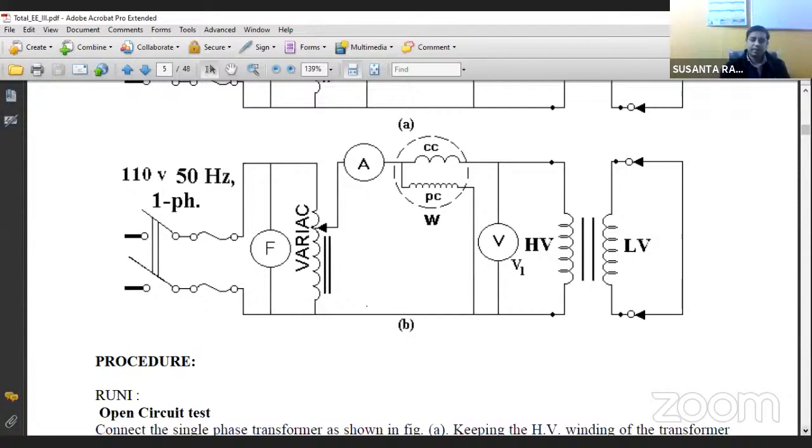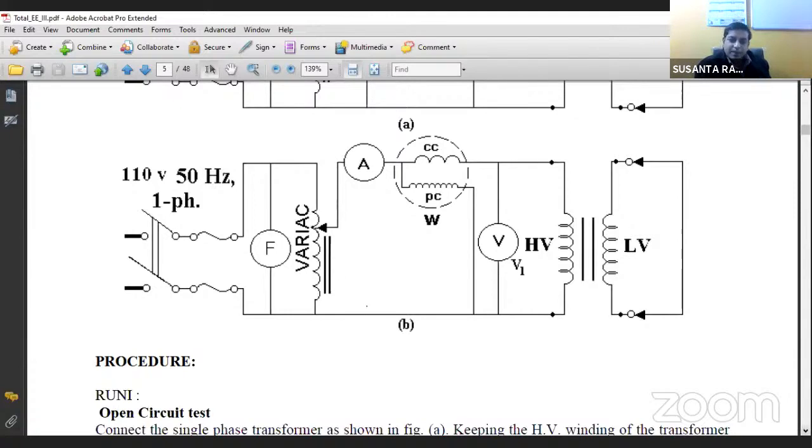Okay. Now come to the short circuit test. In the short circuit test, we connect all the instruments at the high voltage side and the low voltage side is short circuited. Again, a similar reason is behind this.